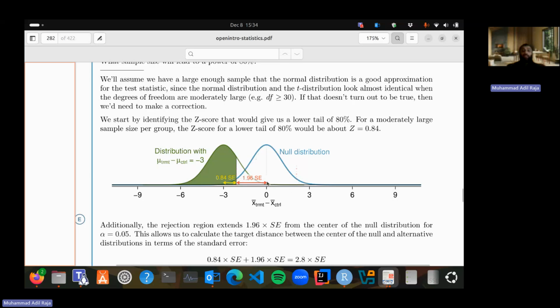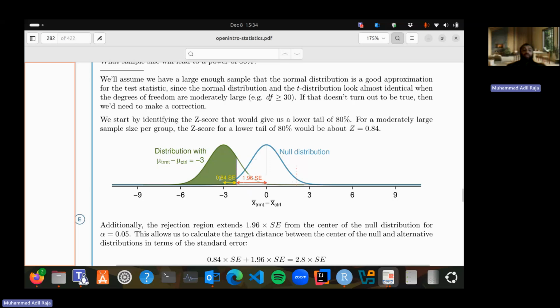Similarly, this length from here to this one also has a length of 1.96 standard errors. So this is 1.96 standard errors away from here, and this one is 1.96 standard errors over here.